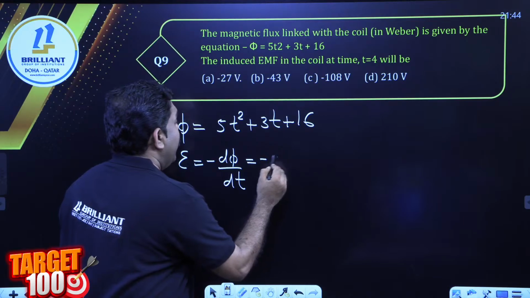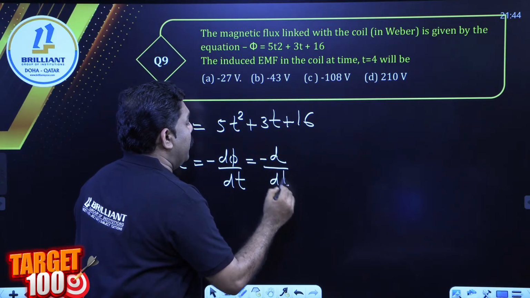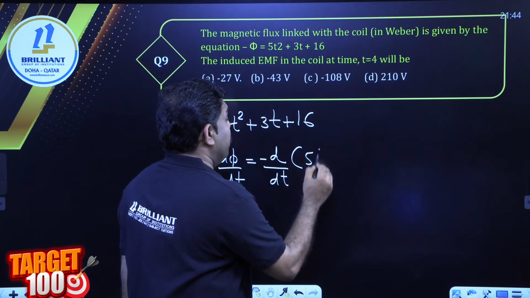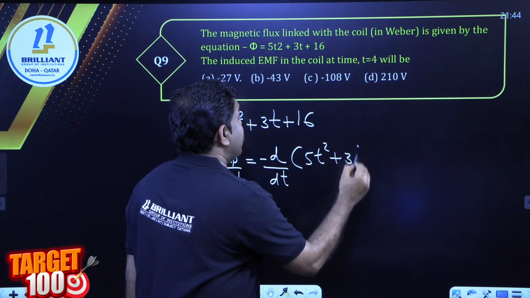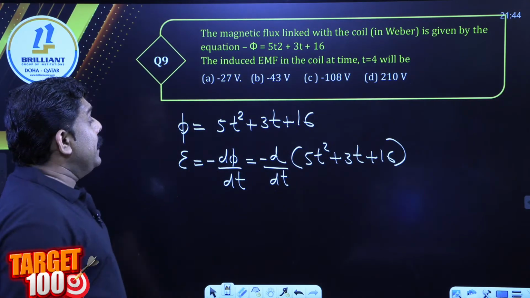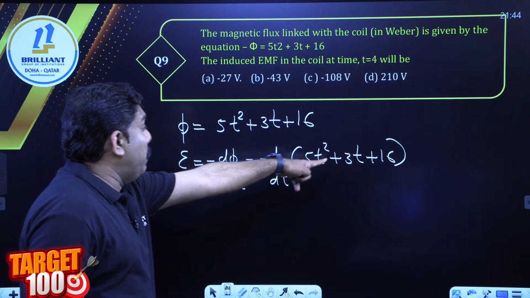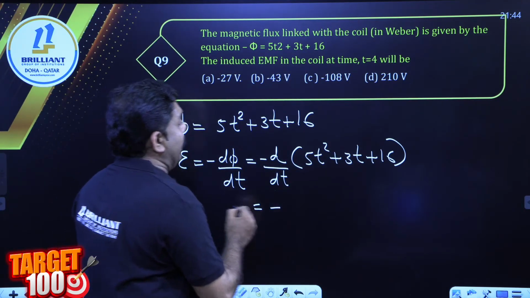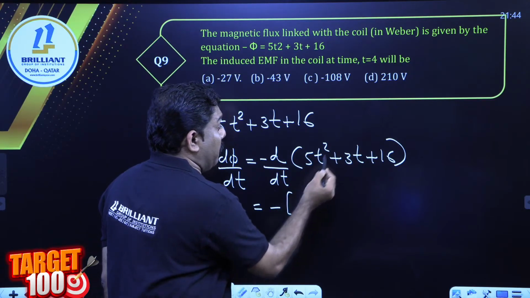So we take minus d by dt of 5t square plus 3t plus 16, and we are differentiating.